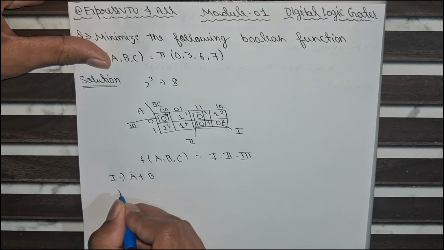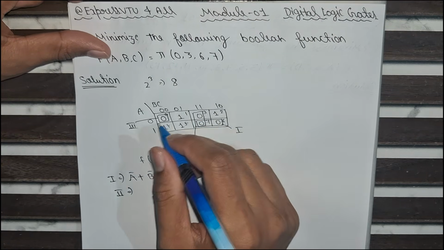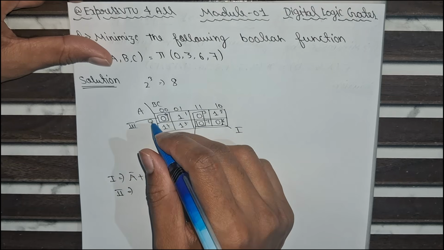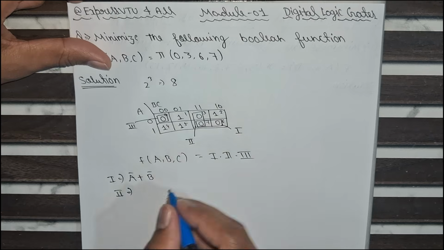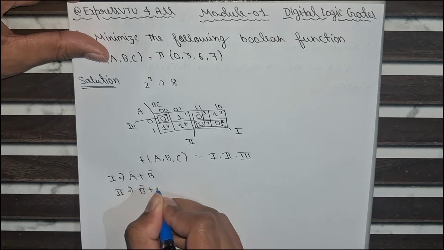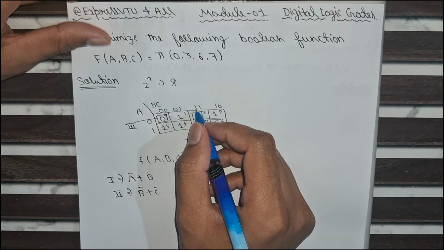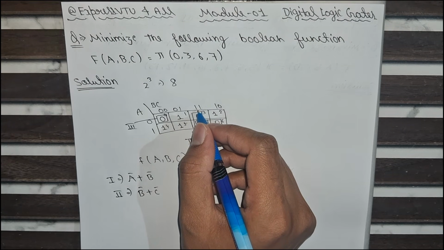Now we will do the second group. Second group is this one. So here A and B. For A we will check 0 to 1, it is changing, but for BC it is the same. So we will write here B bar plus C bar. If we are doing this BC, then the complement of BC will be B bar plus C bar.